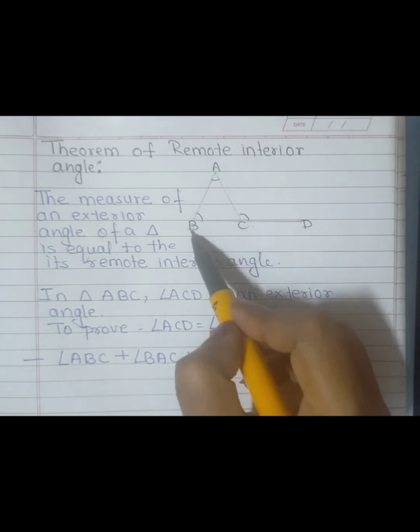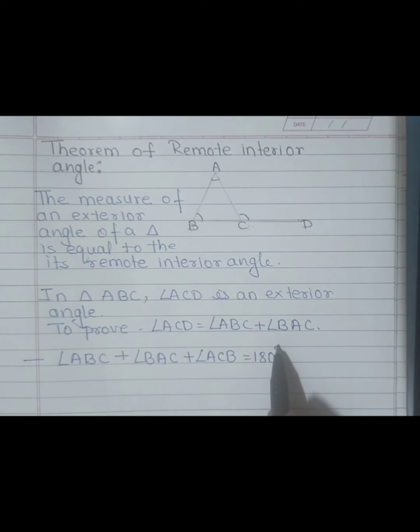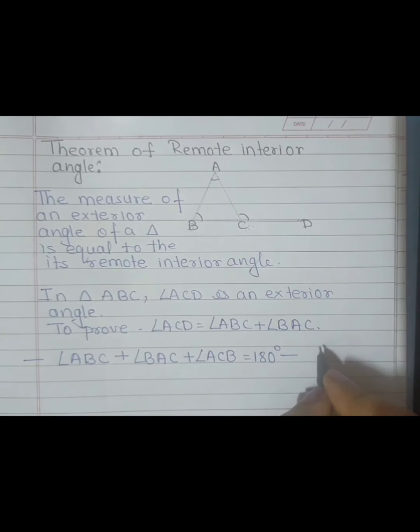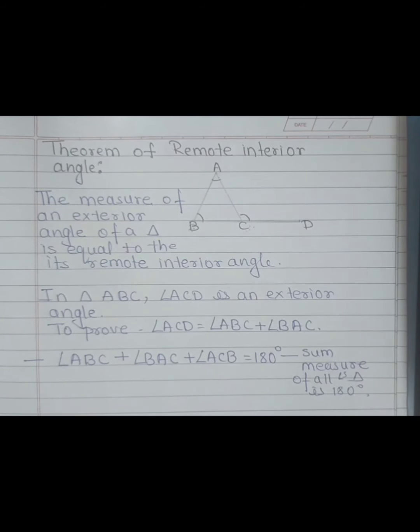ABC, BAC and ACB equal to 180 degree. Okay, because the sum of the measures of all angles of a triangle is 180 degree. Okay, this is the reason.